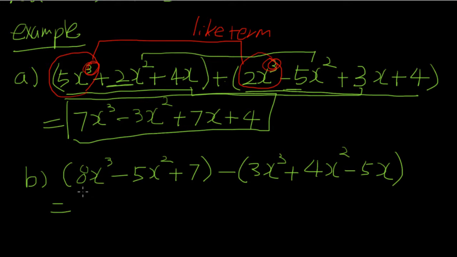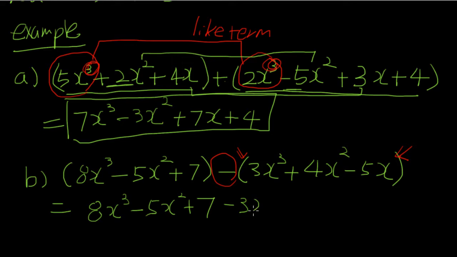The signs will change. So the first term is not going to change. It will be exactly the same: 8x to the third, minus 5x squared, plus 7. But by applying this minus, when we are getting rid of this parentheses, it'll change every single sign of the inside terms. So what used to be plus 3x to the third now becomes minus 3x to the third.